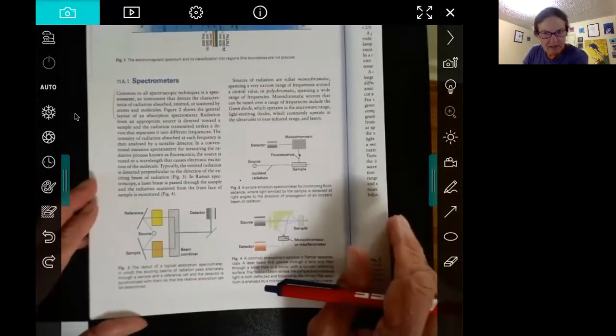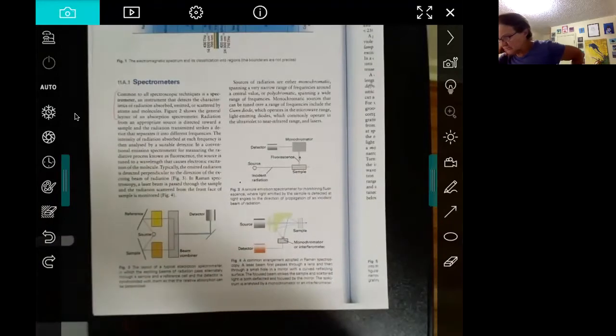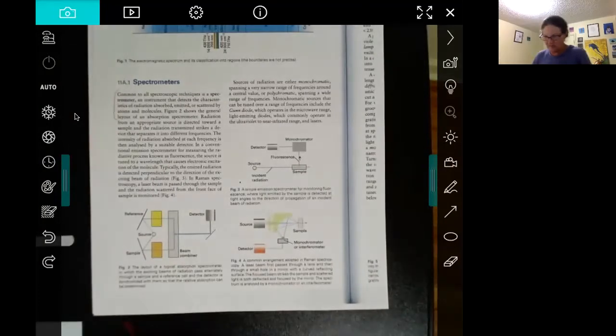And so there's a section that reminds you of how a spectrometer works. All spectroscopic techniques use a spectrometer. It's an instrument that detects the characteristics of radiation absorbed, emitted, or scattered by the atoms and molecules.